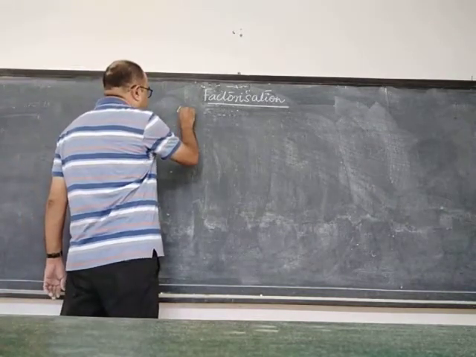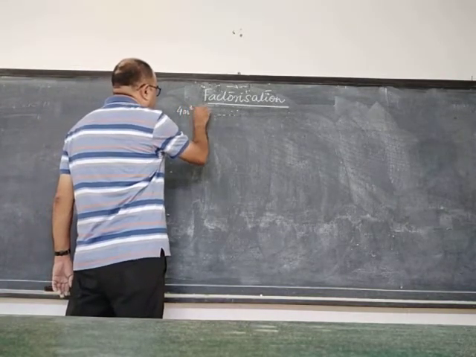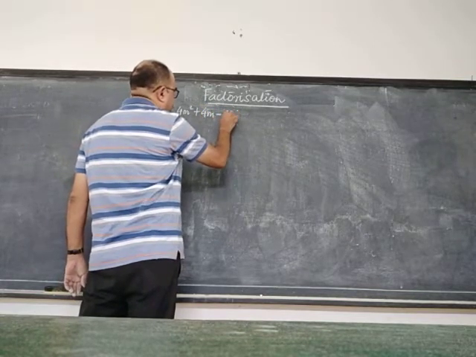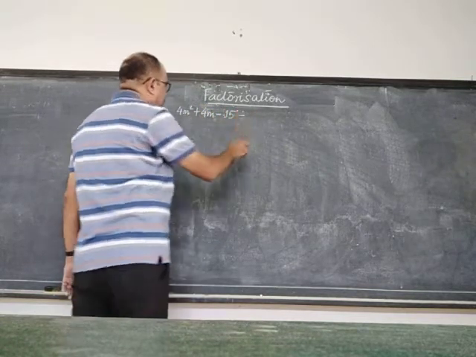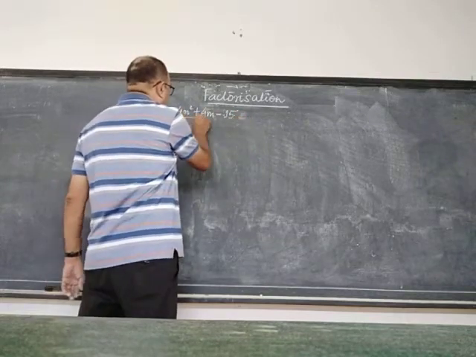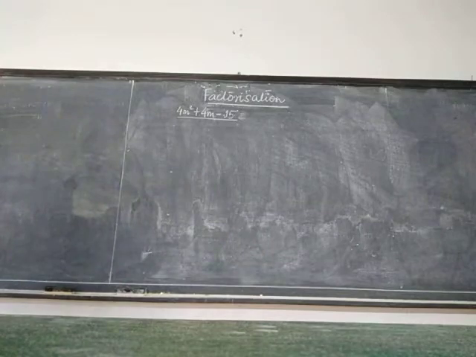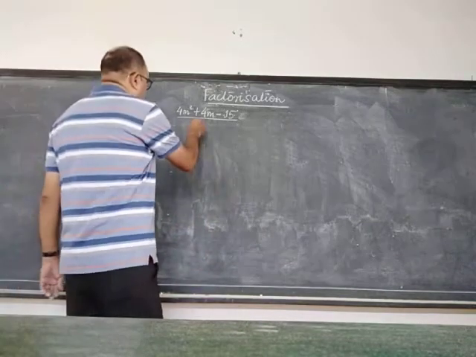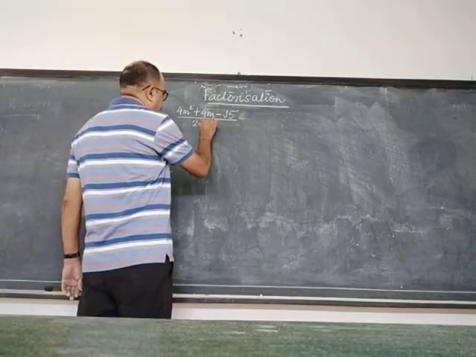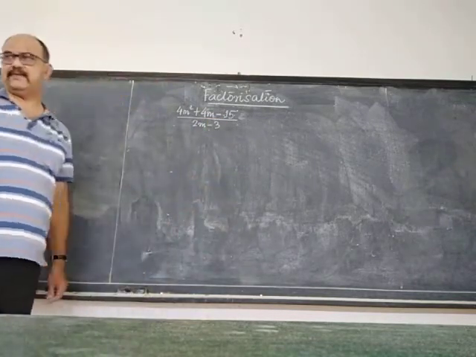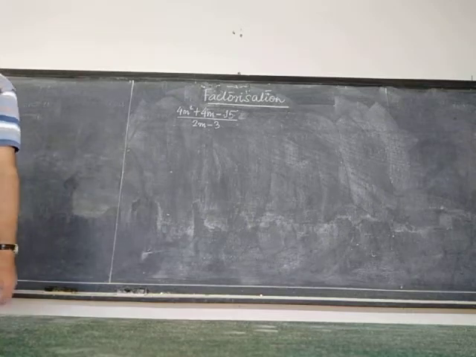m square plus 4m minus 15 divided by 2m minus 3. After getting the sum, let us observe the sum, what it is there.